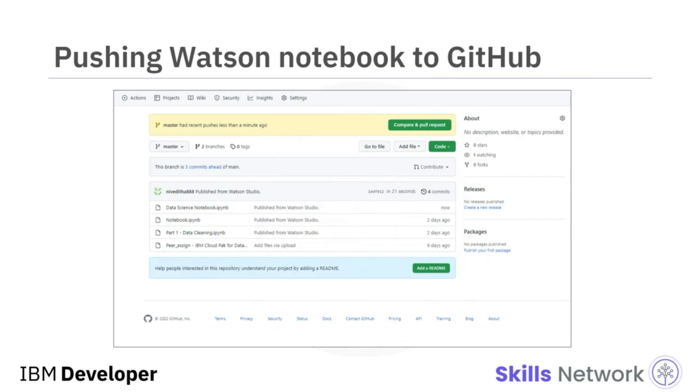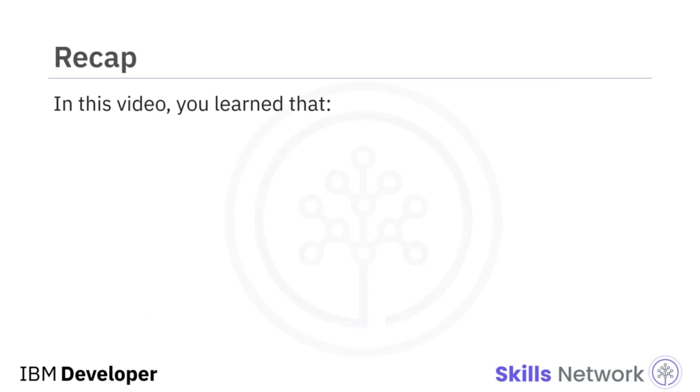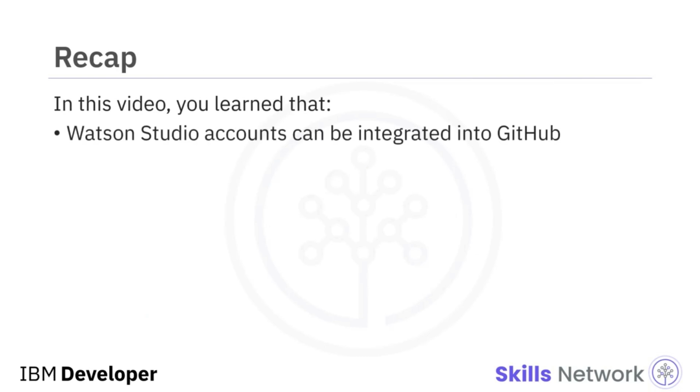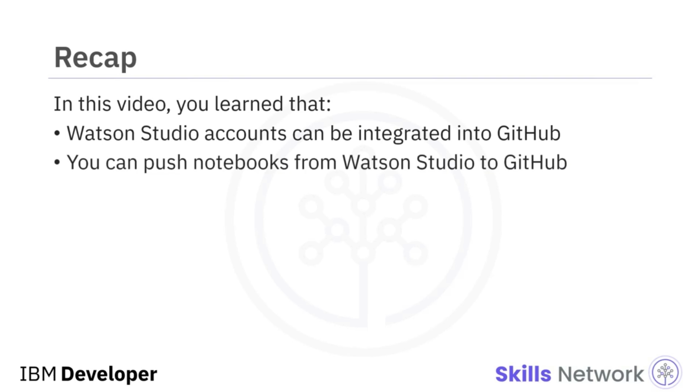In the GitHub, you can see the notebook datasciencenotebook.ipynb, which confirms that you published your notebook from Watson Studio. In this video, you learned that Watson Studio accounts can be integrated into GitHub, and you can push notebooks from Watson Studio to GitHub.